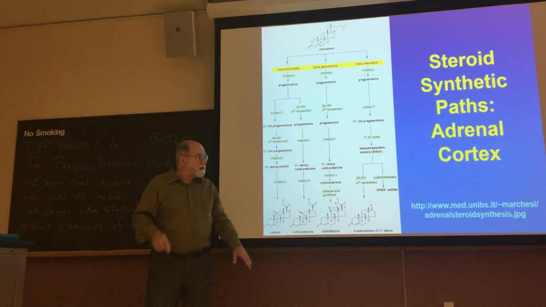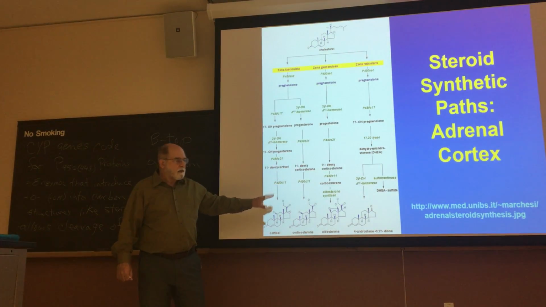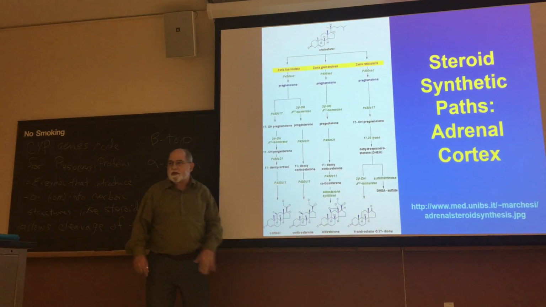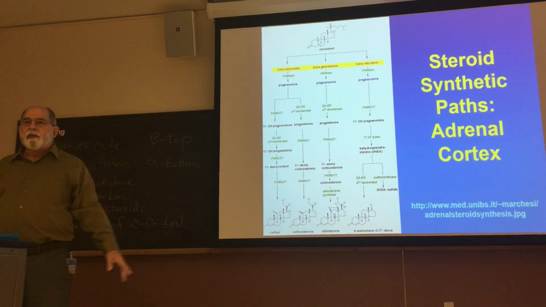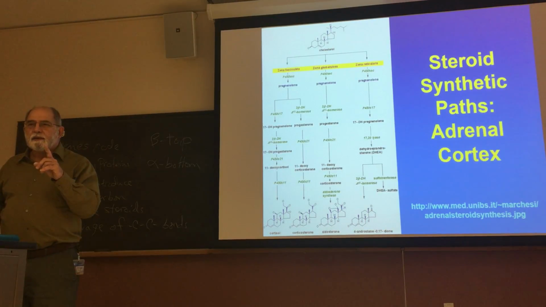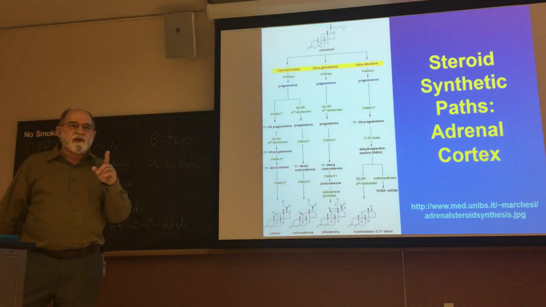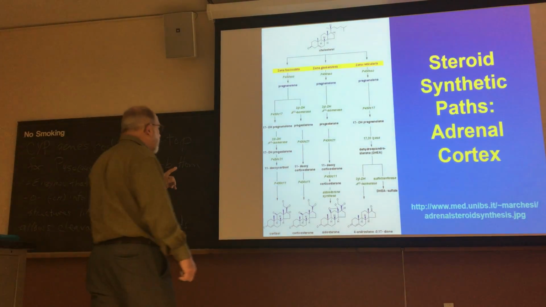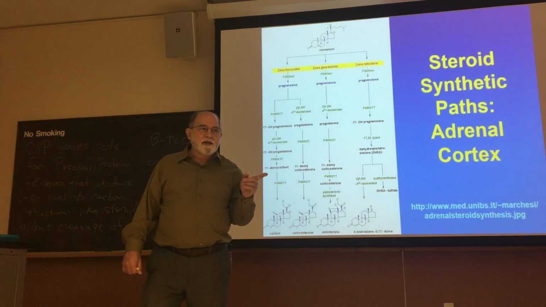What about the rest of the controls on this system? Okay, what are these steroids doing besides working the periphery? They're feeding back, and what are they feeding back on? What are they feeding back on, folks? What controls the production of these steroids? ACTH, and before that?